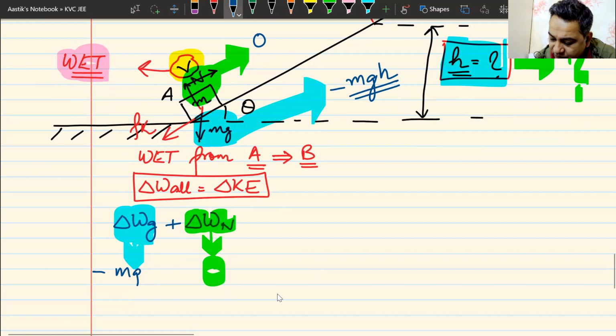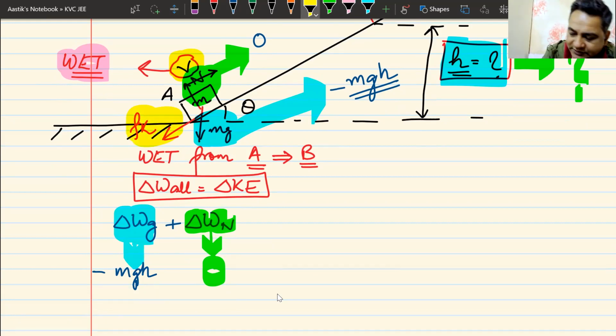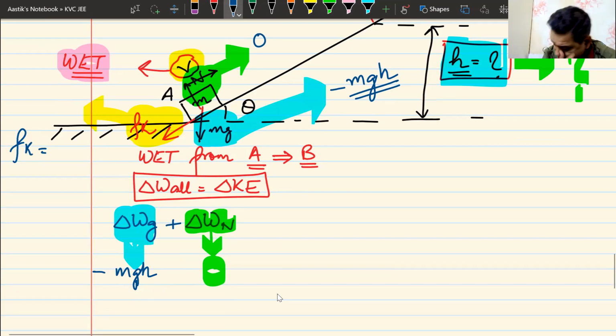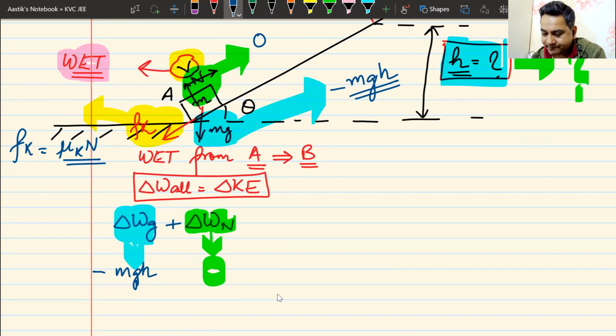Is there any force working over here? One more force is left, as you can see, and that force is frictional force. The first thing you have to calculate is the value of frictional force, Fk. How much is Fk? You must remember that Fk is equal to mu k multiplied by N, where N is the normal reaction.